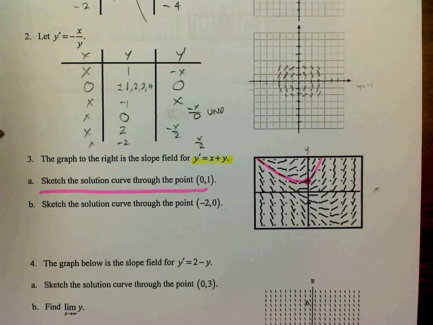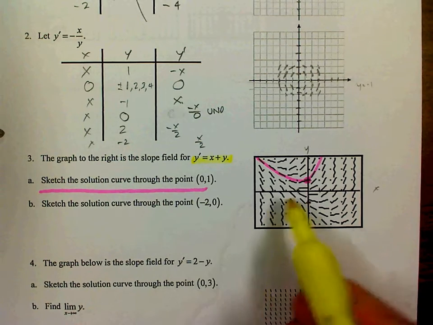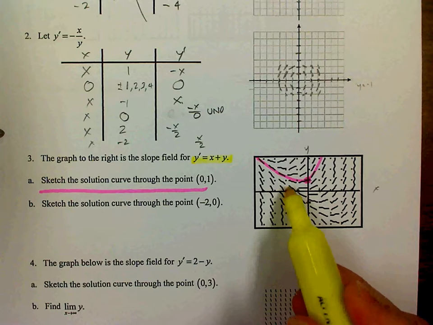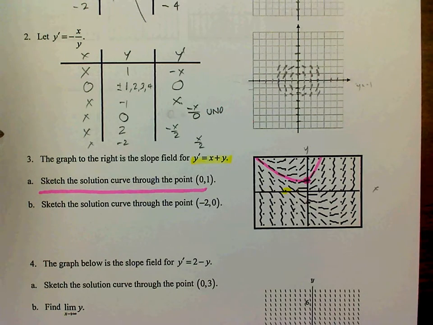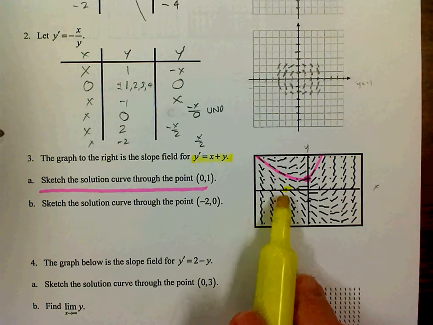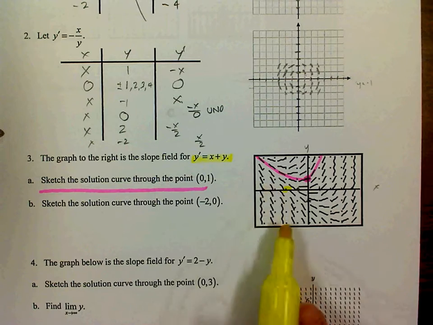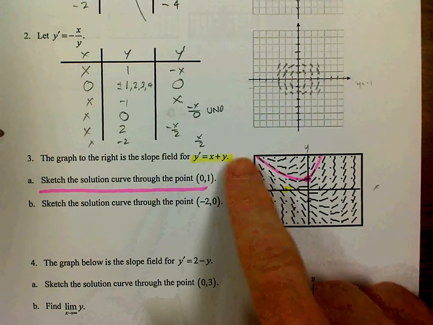Let's do the negative 2, 0. We're going to go to x equals negative 2, y equals 0. And from that one, you'll see that this slope is bringing us down in this direction. As we go with the flow, you can see this as maybe water flowing through some channel.